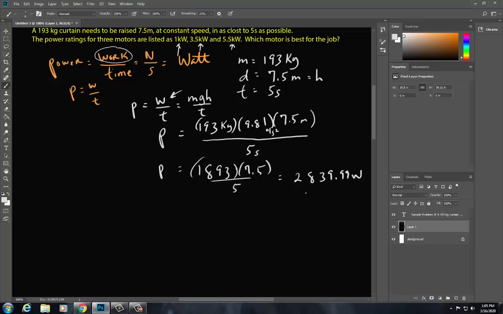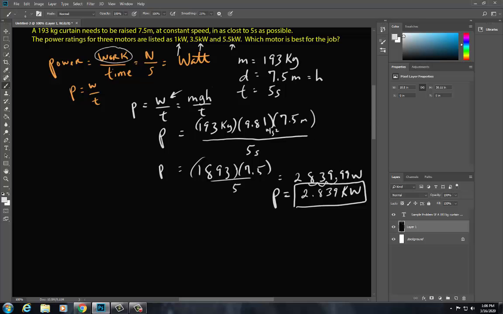So this is basically 2.839 kilowatts, right? All I did was bump this back 3 decimal places. I just move this decimal, divided by 1,000, and it comes out to be that. So this is what the power requirement is needed to do the job.